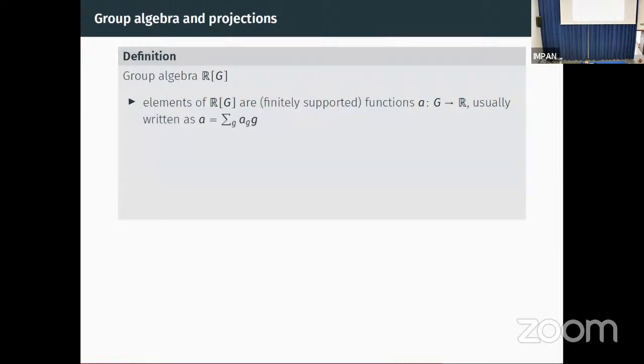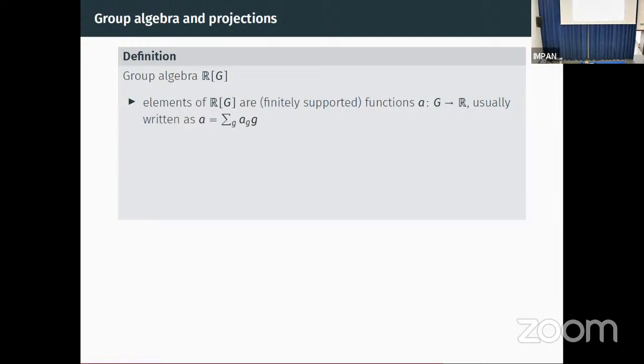Okay, so they live in the group algebra, which in principle you should think of as finitely supported functions, but if you write them like this, you can think about them as non-commutative polynomials. Okay? So instead of variables in my polynomial, I put group elements.